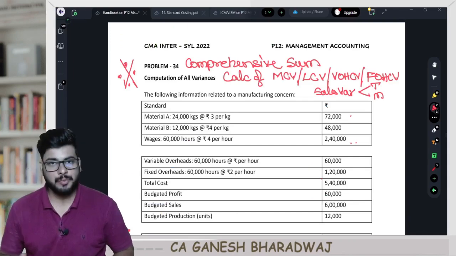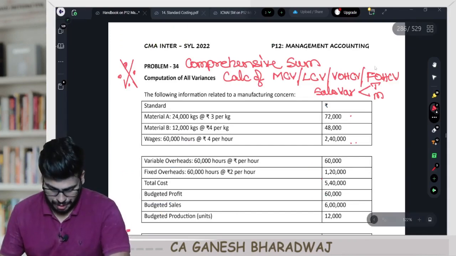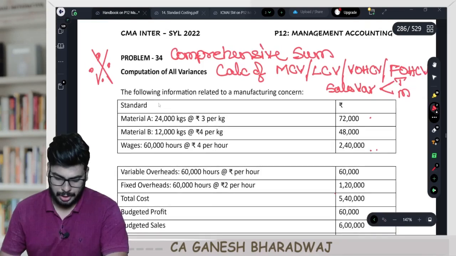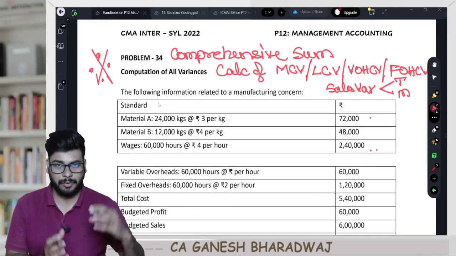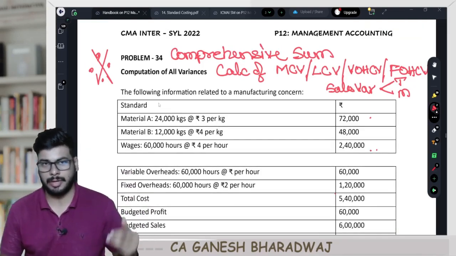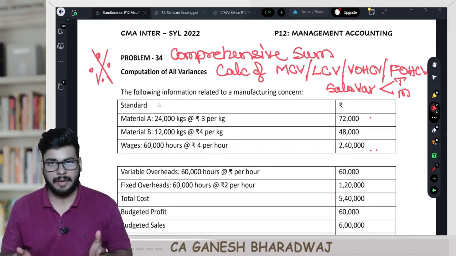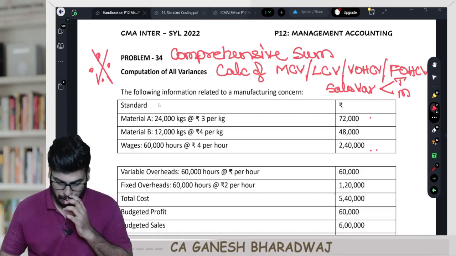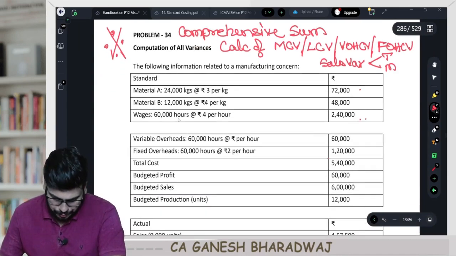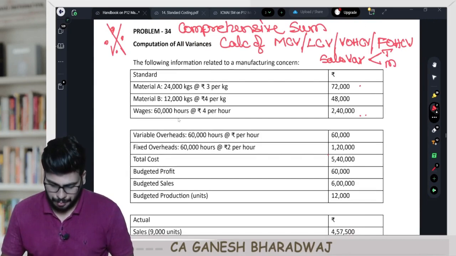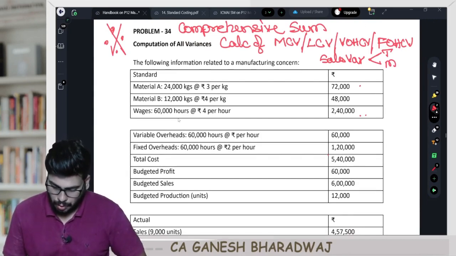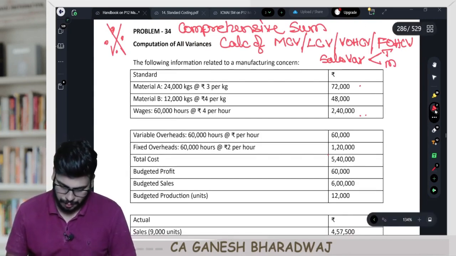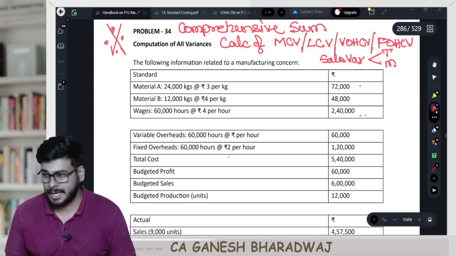Now let's move on to the comprehensive numerical problem. This is question number 34 that we did in our regular batch, from our regular course material that I'm using right now. Let me read out the question for you. The following information related to a manufacturing concern is given below. They have given the word standard here.